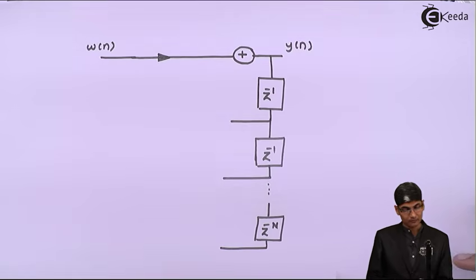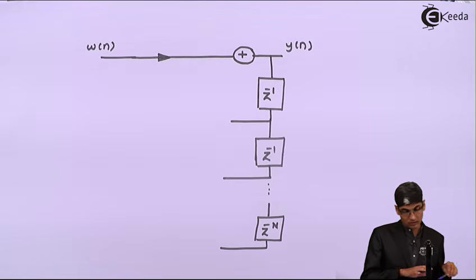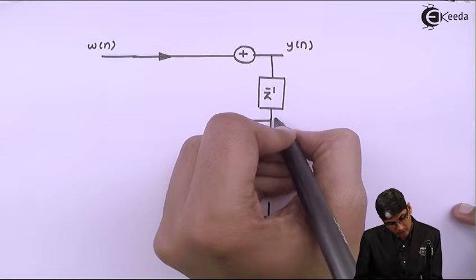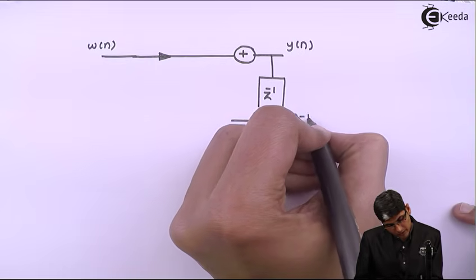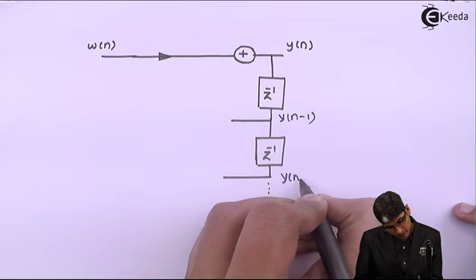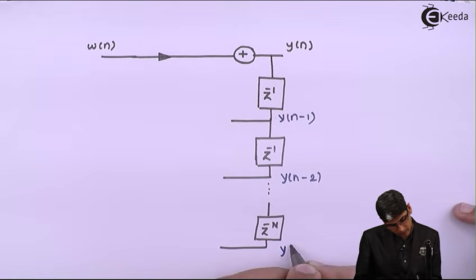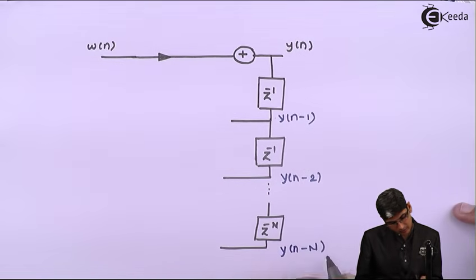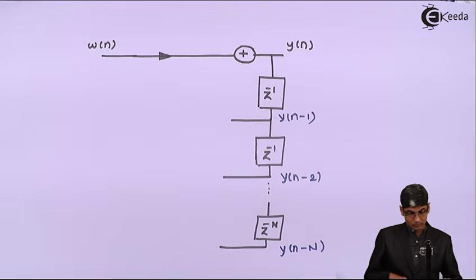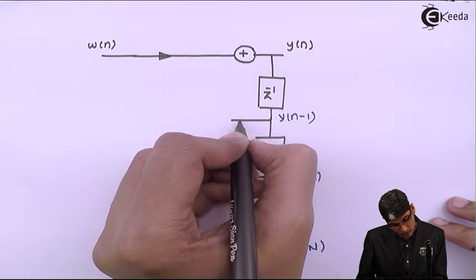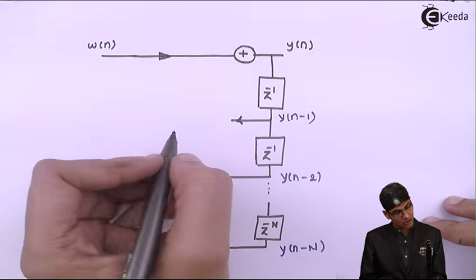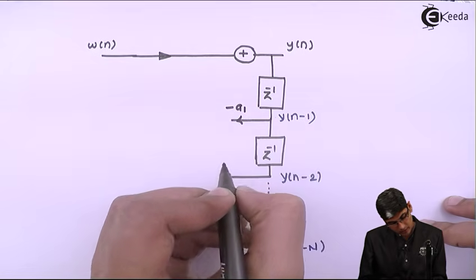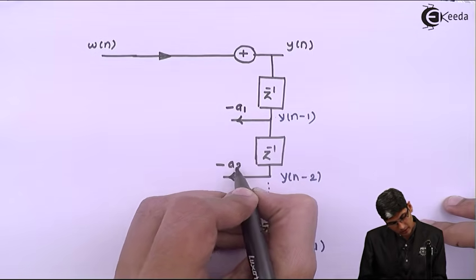So what do I have now? I have this function. Here I have y of n minus 1. Here I have y of n minus 2. And here I have y of n minus n. Right. So now I will multiply. Here with the first delay I have minus a1. Here I have minus a2.